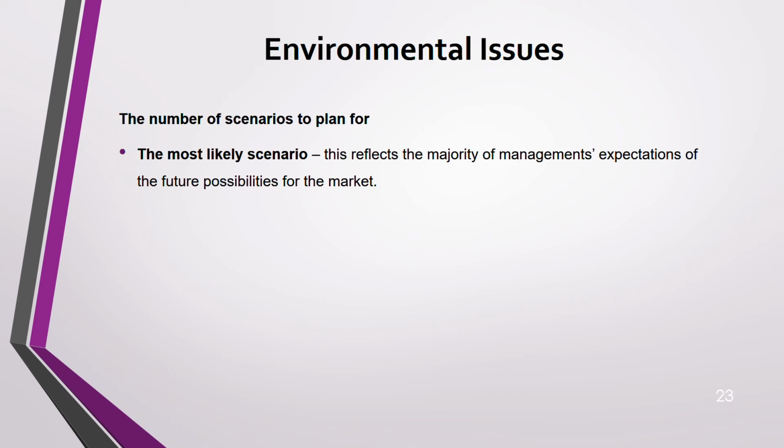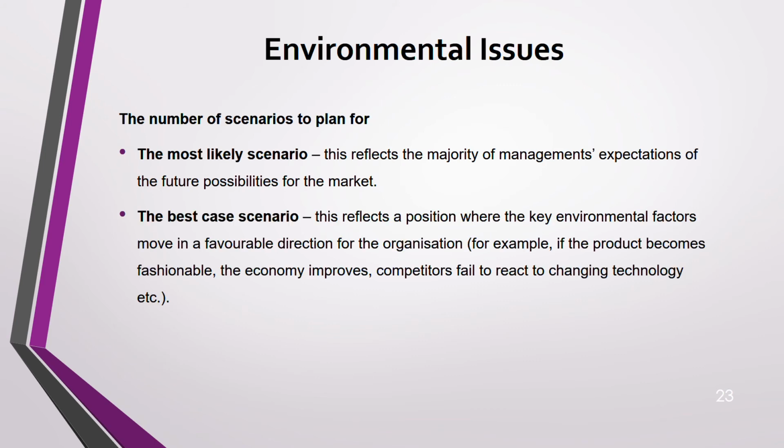So there are three scenarios that one can plan for. Number one, the most likely scenario, which we have covered in Pestle and Porter's five forces also. Basically, this is your expectation. Majority of the managers expect this only, that this is likely to be the scenario. Second is the best case scenario, where you predict that this is the best.